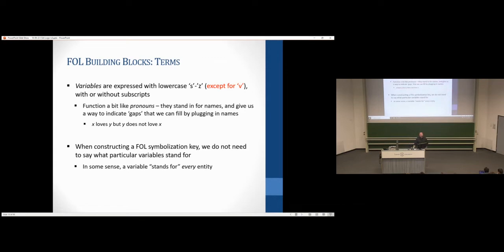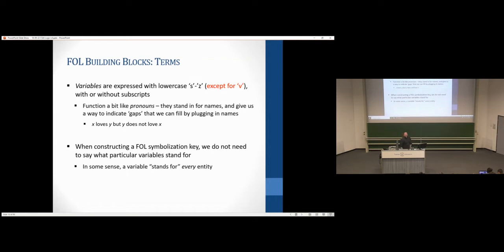So what do variables do? Well, they're really labels for gaps. They function a little bit like pronouns. That is, they don't actually refer. Instead, they indicate ways for us to replace them with names, or even better, with objects. So we have something like this.